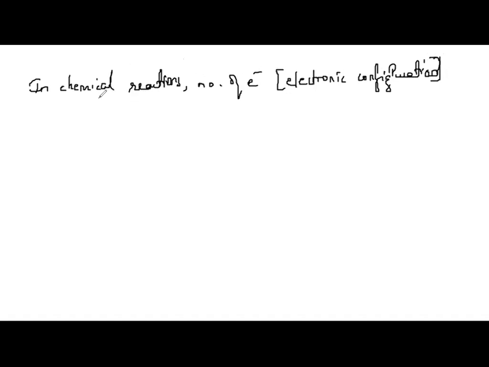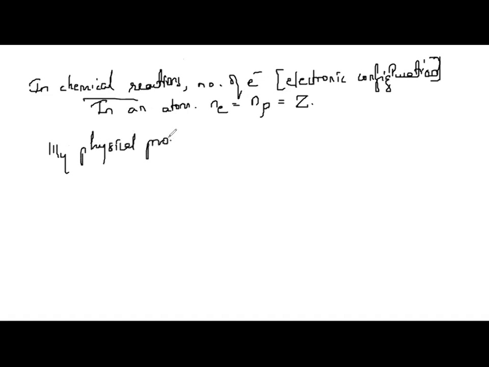And we know that in an atom, the number of electrons is equal to the number of protons. So the number of protons in an atom is nothing but the atomic number. Similarly, this is about chemical properties; now physical properties. I'm giving the explanation for the modern periodic law.